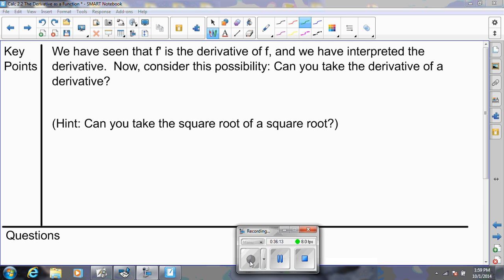We have seen that f prime is the derivative of f. But consider the idea. Is it possible to take the derivative of a derivative? That is, to get the rate of change of a rate of change? Well, think of this. Can you take the square root of a square root? Yes. So we would be able to take the derivative of a derivative.